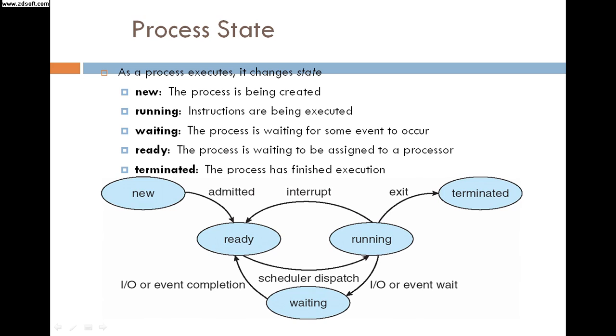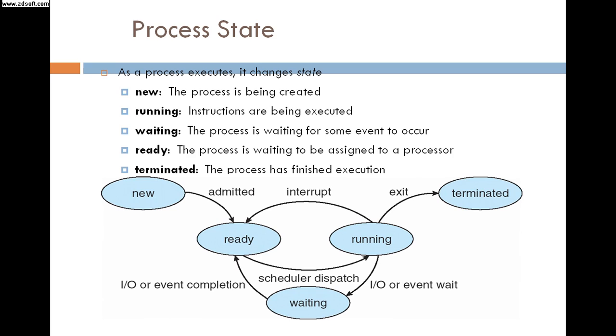After it is in the running state and the task is completed, the process is put into the terminated state. In the middle of the execution, if any IO or event wait happens, the corresponding process will be in the waiting state. After the completion of the IO or event, that process is once again put into the ready state.